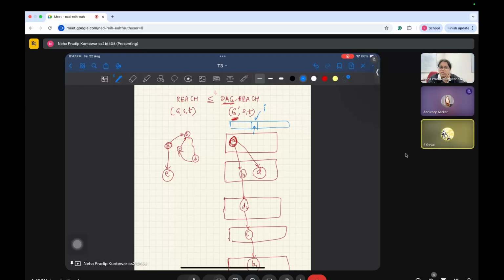This gives us more power, which we did not have for the polynomial time hierarchy per se.